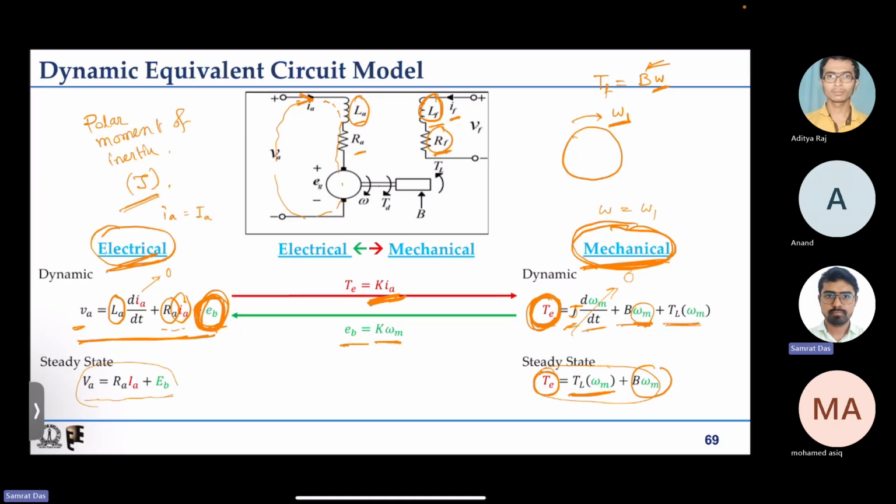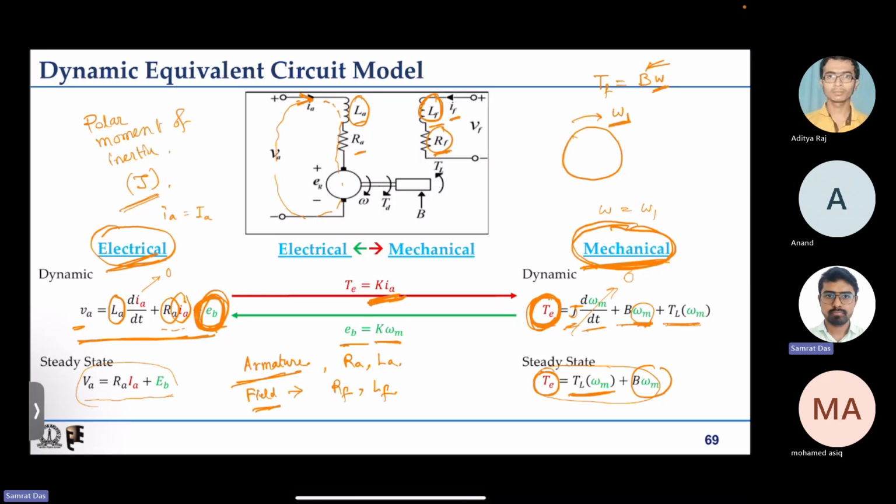Now that is about the interconnection. Now we were trying to list out the parameters. Let us go step by step. The armature circuit has the armature resistance and armature inductance. Now we have the field circuit. The field circuit has the field resistance and field inductance.